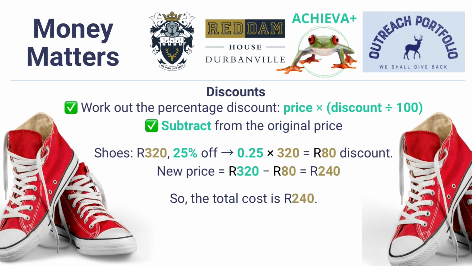For example, if shoes cost 320 rand and there is a 25% discount, then you multiply 0.25 times 320, which is equal to 80 rand discount. The new price will be 320 rand minus 80 rand, which is equal to 240 rand. So the total cost of your new shoe will now be 240 rand.